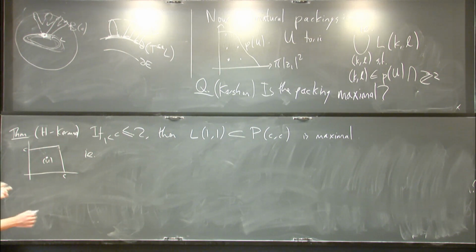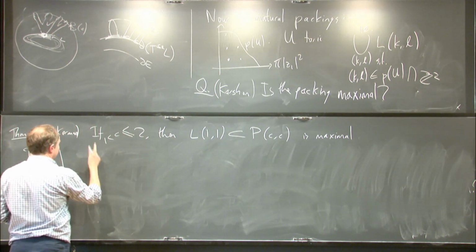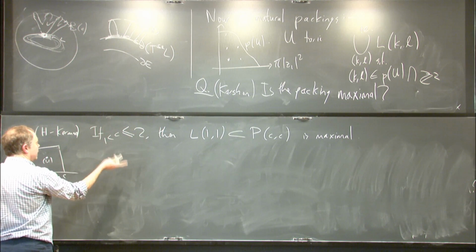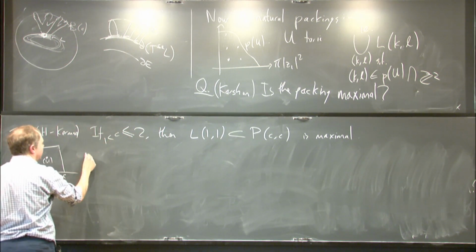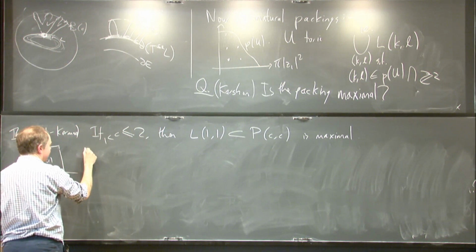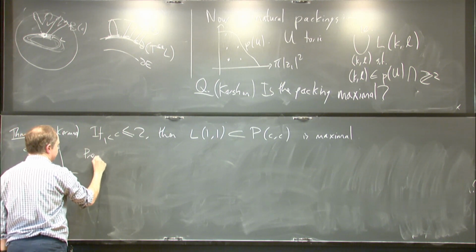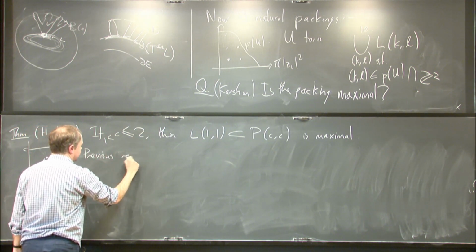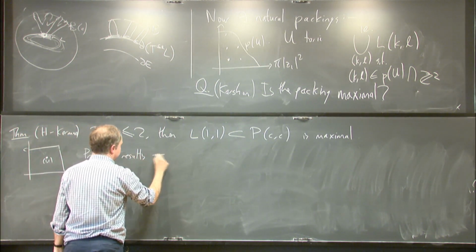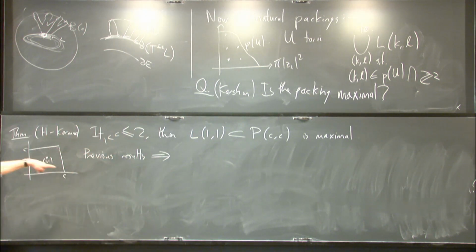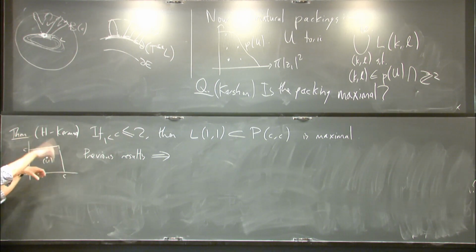So another way to see this is that the previous results, more or less, although it's not quite what we need here, say that if you took L(1,2), it doesn't embed in this because both factors are strictly less than 2.